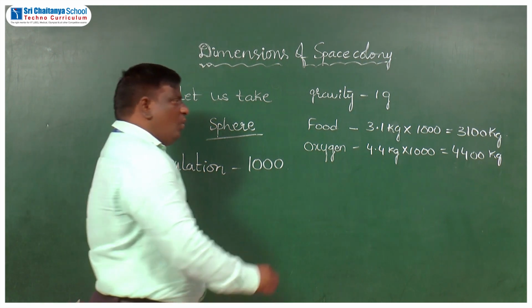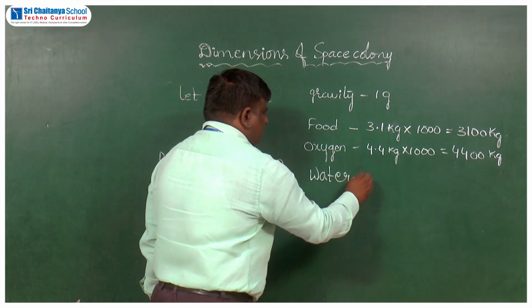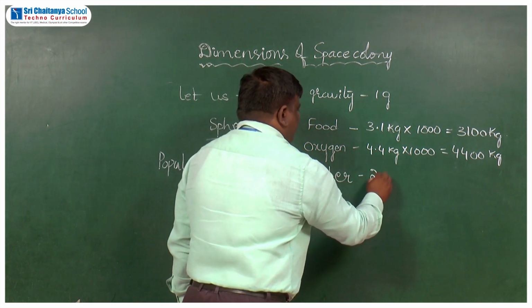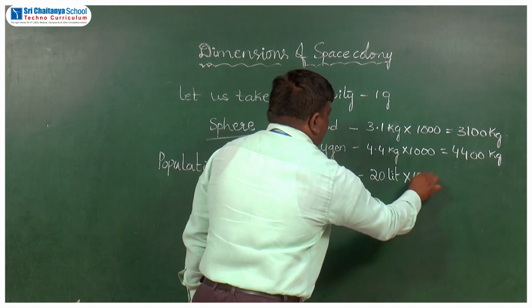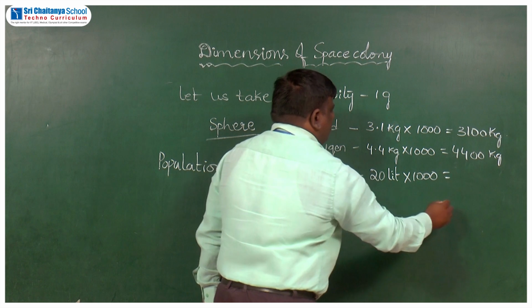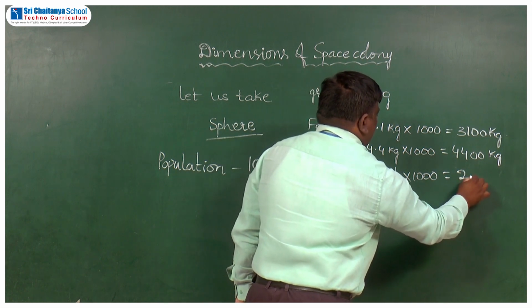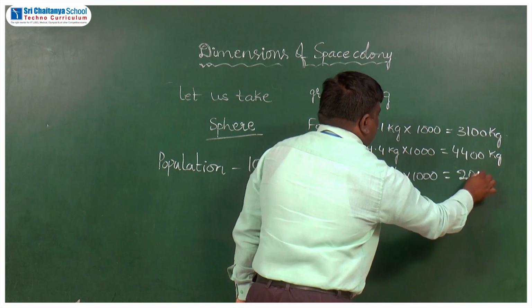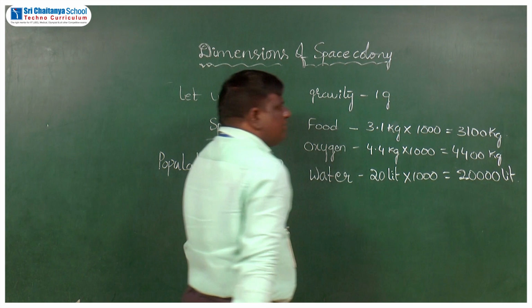Similarly, water. 20 liters into 1000, which is equal to 20,000 liters.